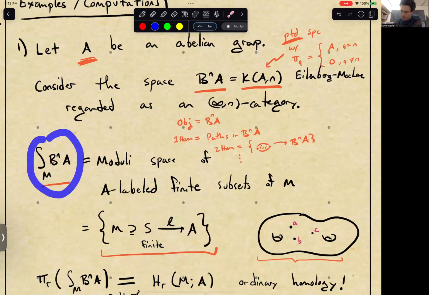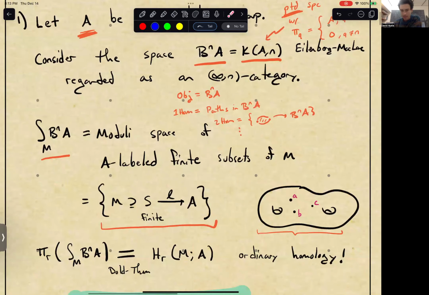And that has a description as a moduli space of points labeled by elements in that abelian group. And I hope that this rings a bell to the informal discussion about topological point operators.